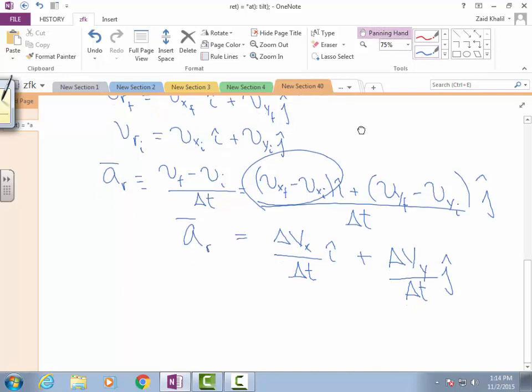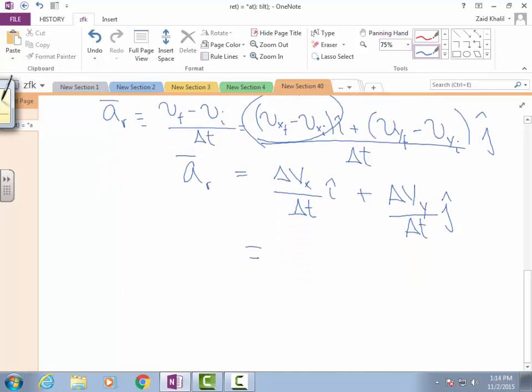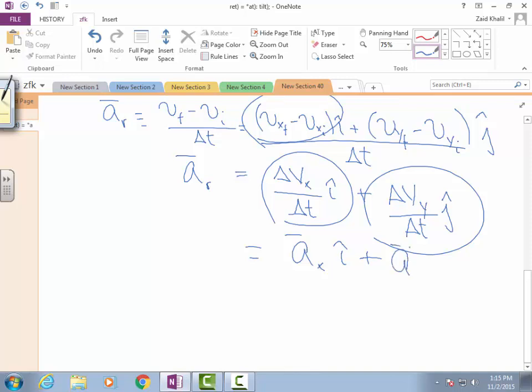Of course, this is equal to the average acceleration in the, what's that? X direction, plus average acceleration in the y direction. And of course, if I wanted to define instantaneous acceleration, what would I do? Take the limit as delta t goes to 0. Any questions?